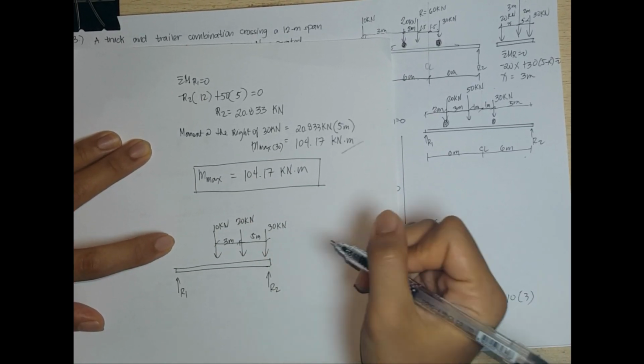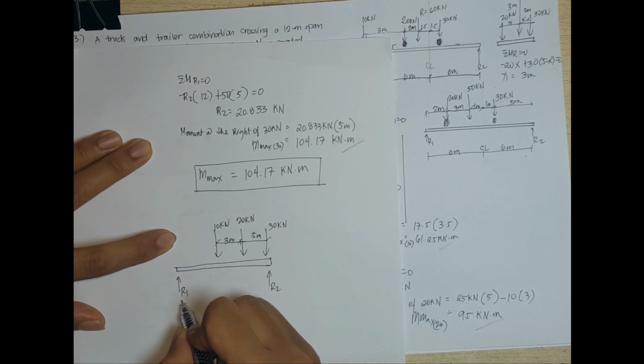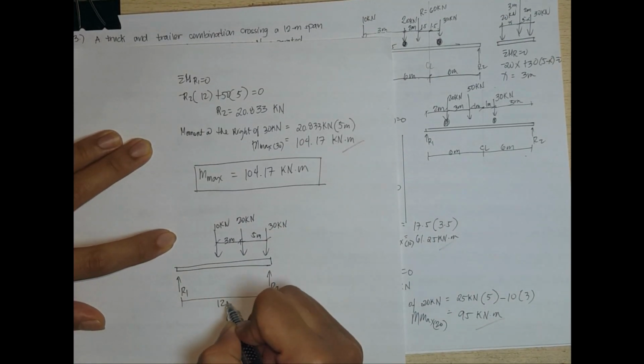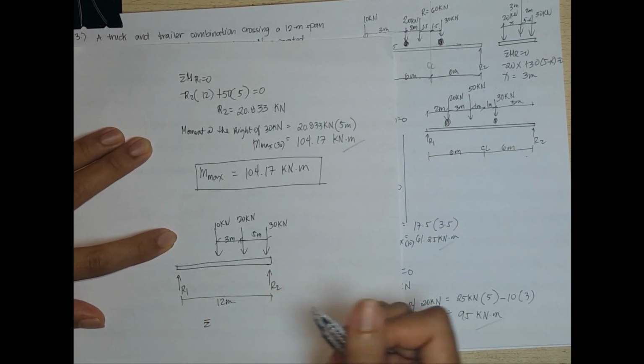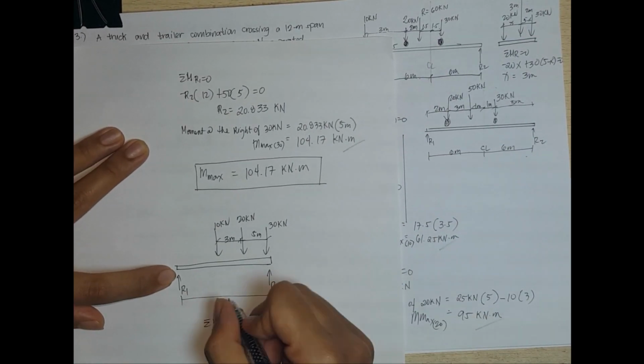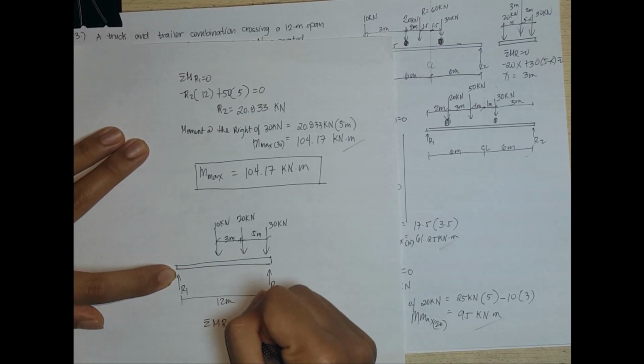So, dito sa R2, magkakaroon tayo dyan ng maximum shear. So, taking the summation of moment at R1 is equal to 0.